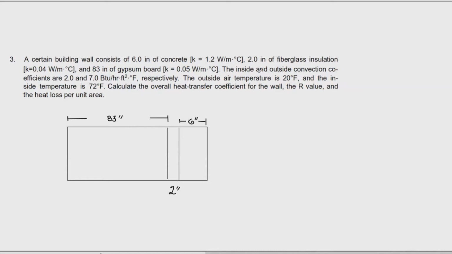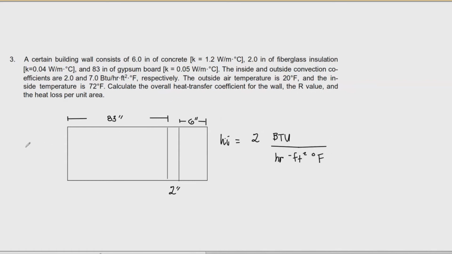Now, it says here that the inside and outside convection coefficients are 2 and 7. So here we have HI, that is the inside heat transfer coefficient. So we have here 2. So the unit would be, in English, British thermal unit per hour, feet squared, degrees Fahrenheit.